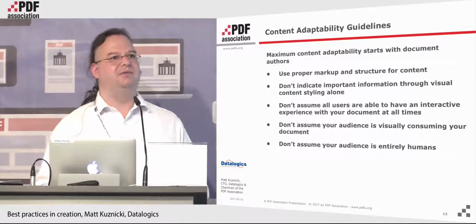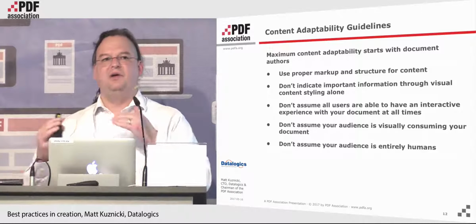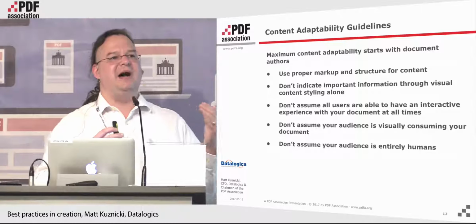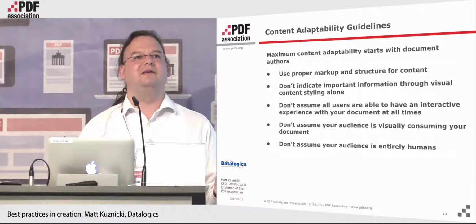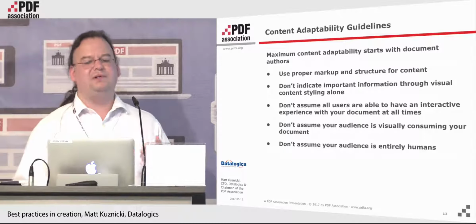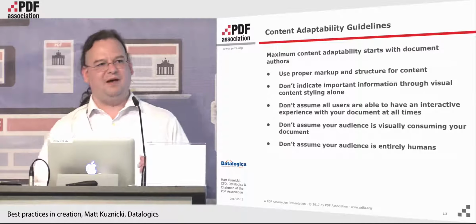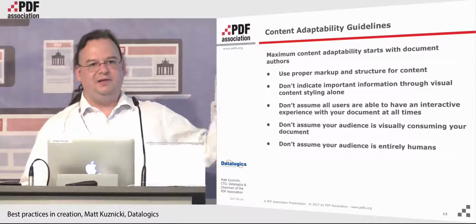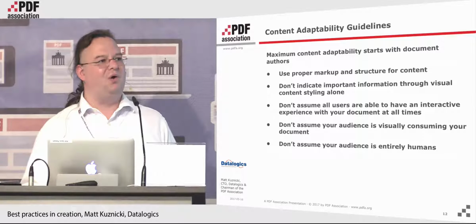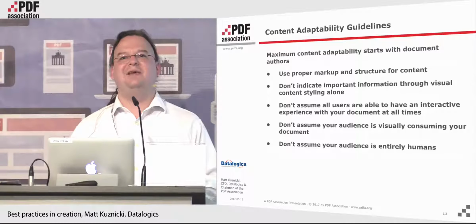They start with document authors, and they start with authors who use their tools in the best and optimal manners that they can to bring structure to their documents. Authors who use proper markup and semantics for content. Taking a selection of text in Microsoft Word and making it bold does not make a heading. Making it italic does not make it a subheading.